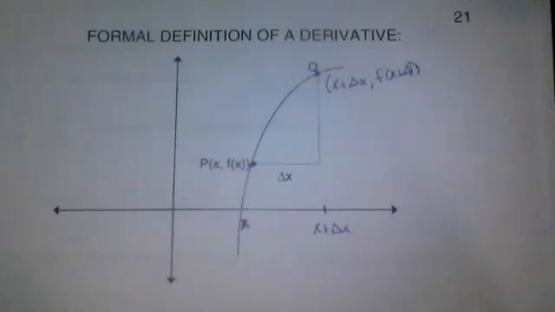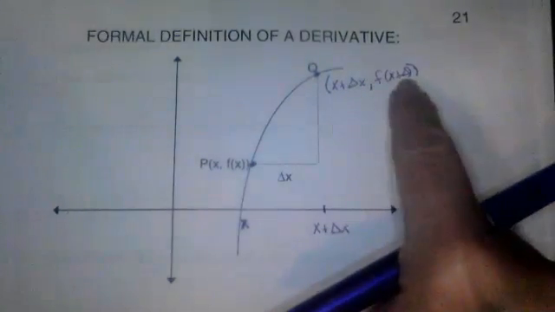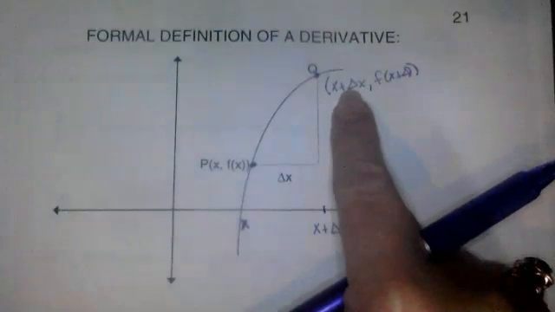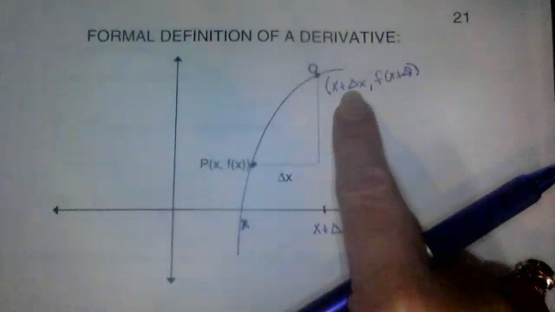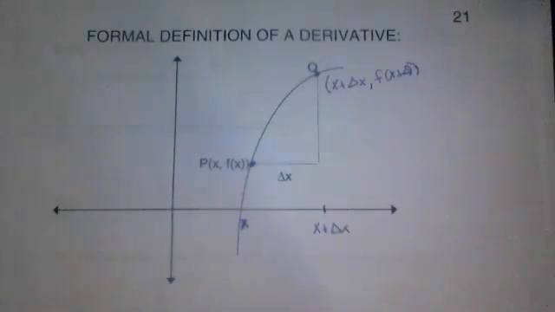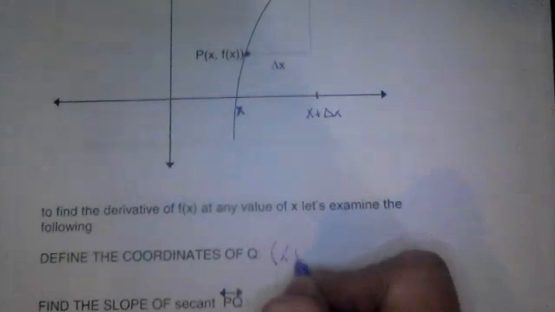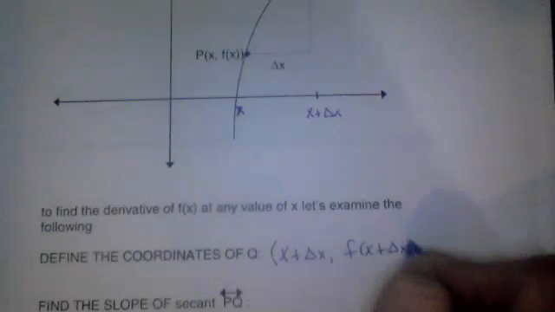All right, so now we have our x and our y, and another x and a y, both arbitrary values, but now we don't have to do the derivative over and over and over again every time we're trying to find a point. We can use this. So our coordinates of Q, what it's asking for here, are x plus delta x, f of x plus delta x.